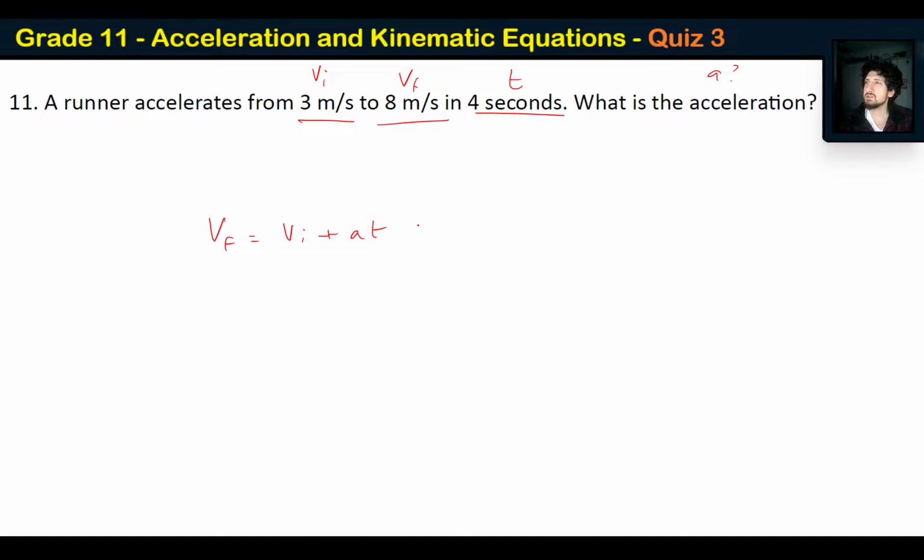Oh, actually, I can use a different form of this, which is acceleration equals Vf minus Vi over t. So acceleration is equivalent to 8 minus 3 all over 4, which is 1.25 meters per second squared.